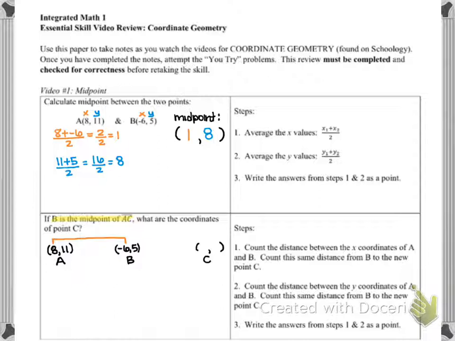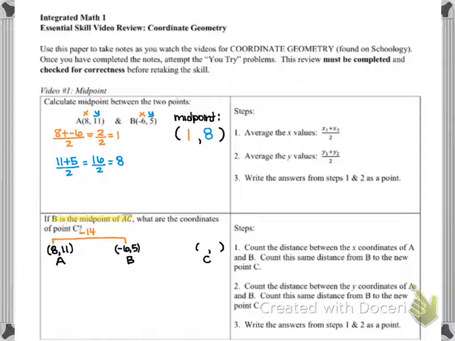If I'm at positive 8 and going towards negative 6, I am moving in the negative direction. So I want this to be a negative value. It's telling me that I'm going left. And the distance between 8 and negative 6 is actually 14. So from 8 to negative 6, I went left 14 units.